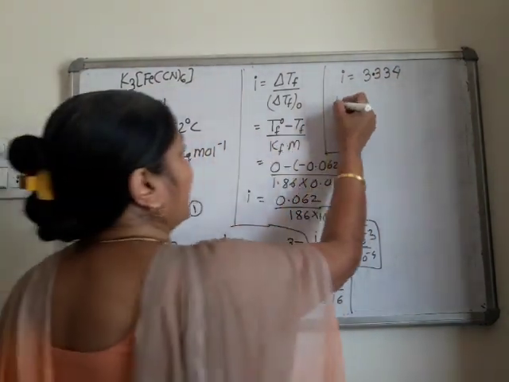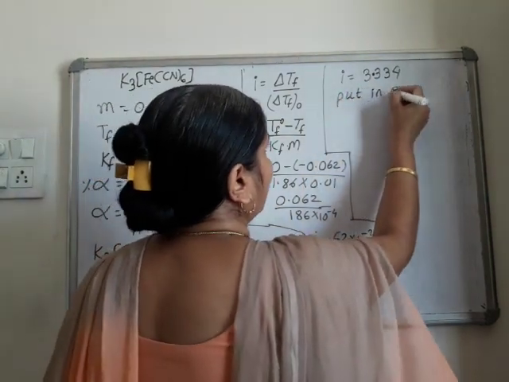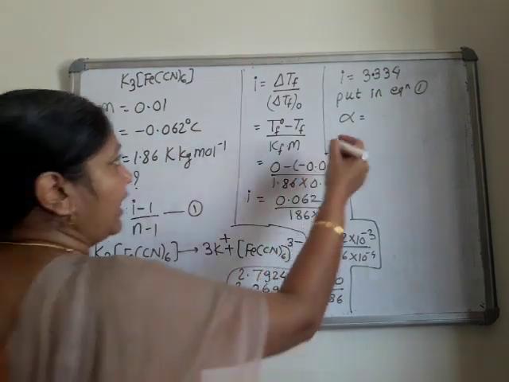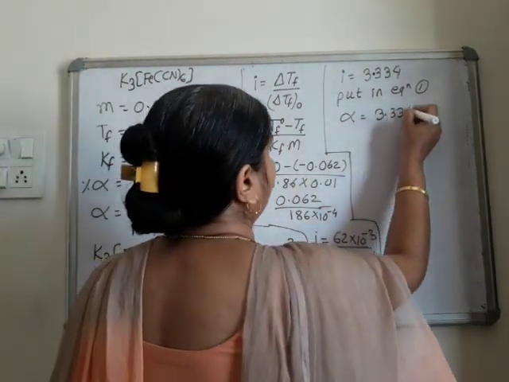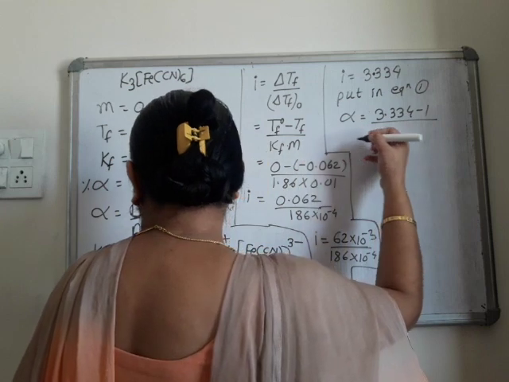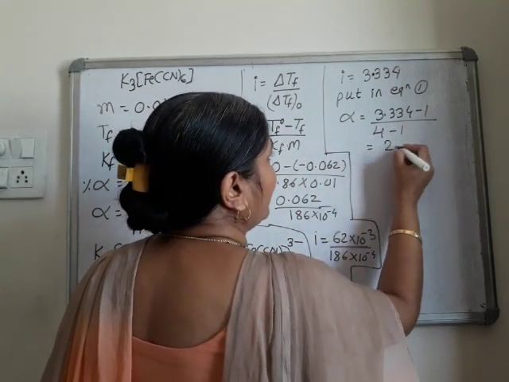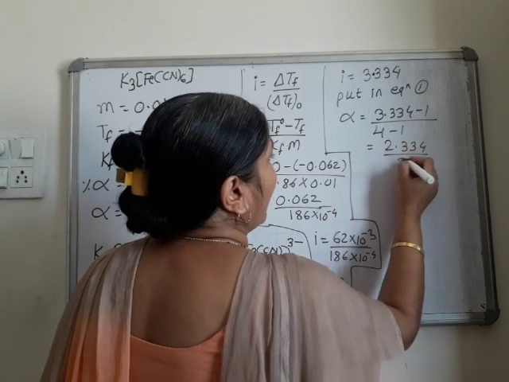Put it in equation 1. Alpha is equal to i minus 1 upon n minus 1, so 3.334 minus 1 upon 4 minus 1. This is equal to 2.334 upon 3.